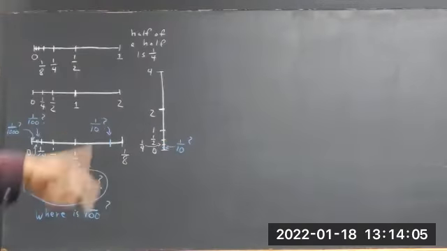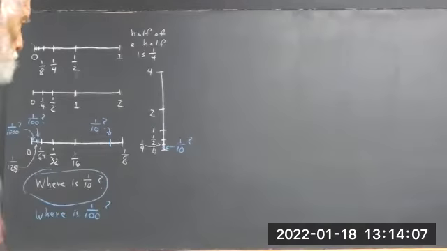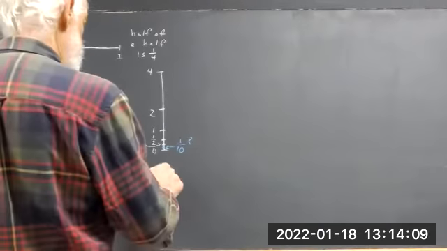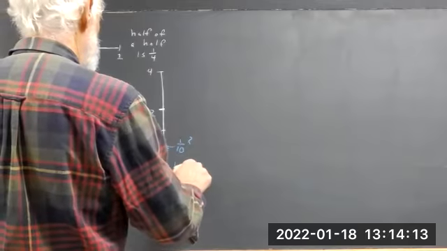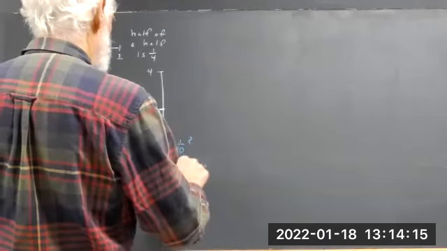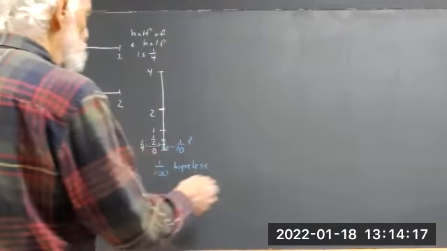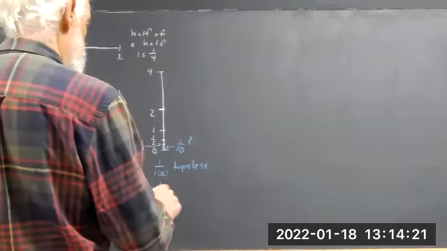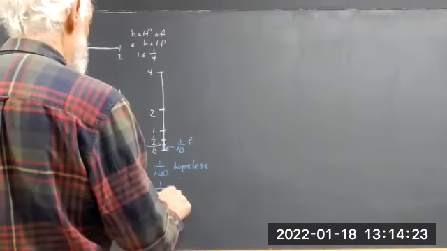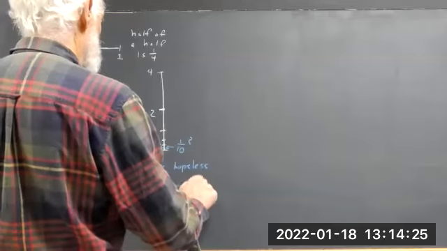And 1/100th would be hopeless, and so would 1/1000th certainly. 1/100th is hopeless because it's way too close to 0. 1/1000 is really hopeless.